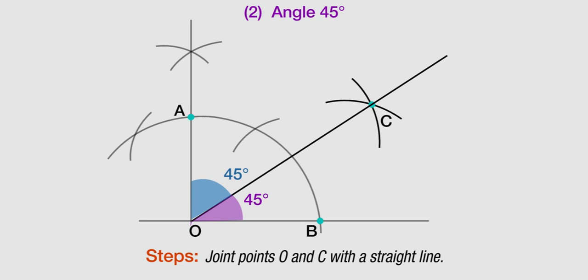Good. Now, if you remember, angles on a straight line are supplementary. So once we have constructed 45 degrees, we have automatically constructed 135 degrees.